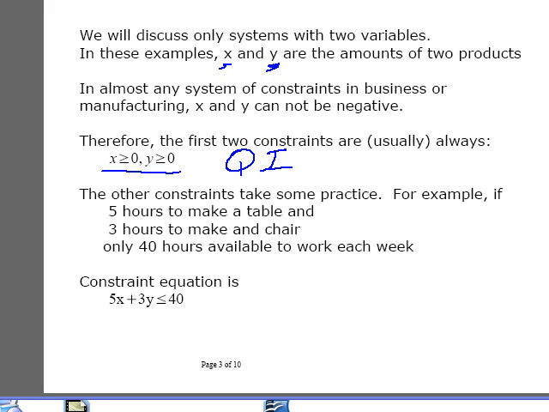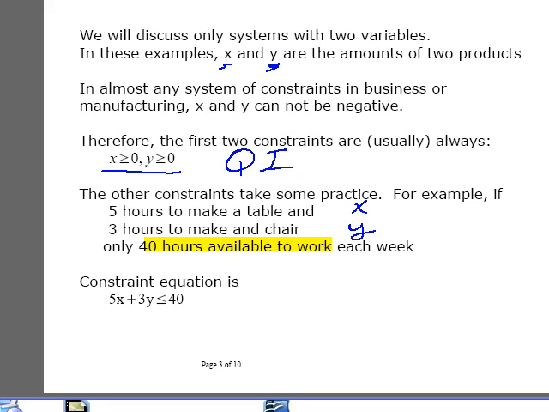Now I'll show you an example of how to write the constraint for a situation. Say you were going to make tables and chairs. So I'm going to let the number of tables I make be called X, and the number of chairs I make be called Y. Let's say it takes 5 hours to make a table and 3 hours to make a chair. But all I have available are 40 hours of manufacturing time, or that's all the time I have to work.